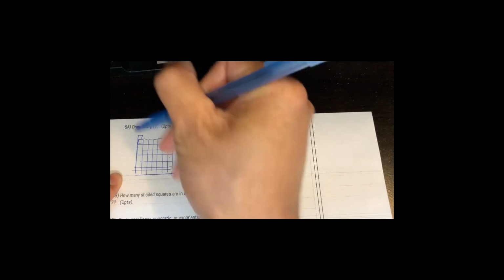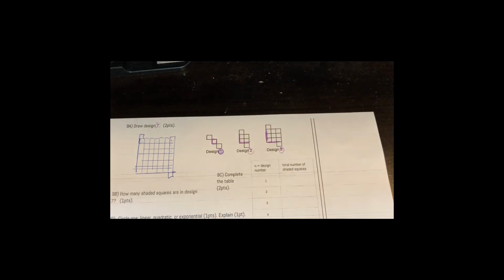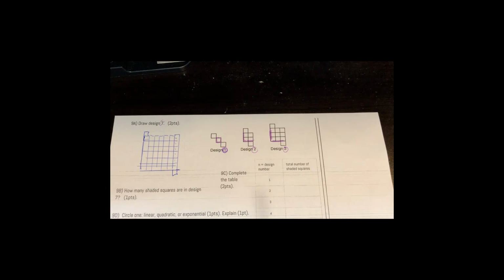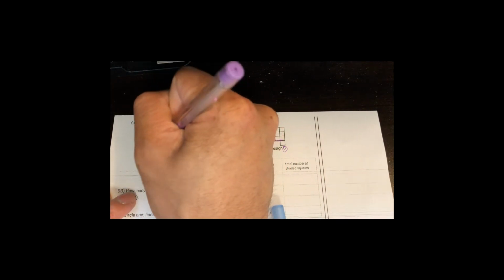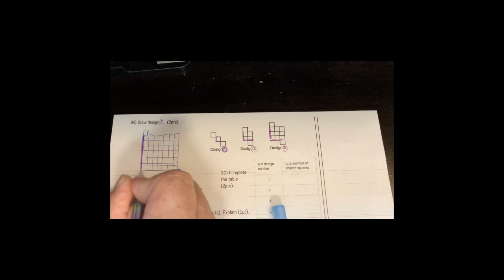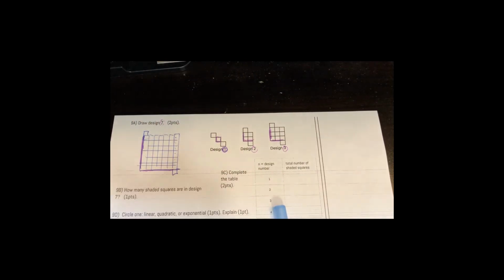And then you add another box down there. Okay? So literally all I'm going to do is count that you have design 7. I'm going to count that you just have 7 boxes this direction and then 7 boxes that direction.